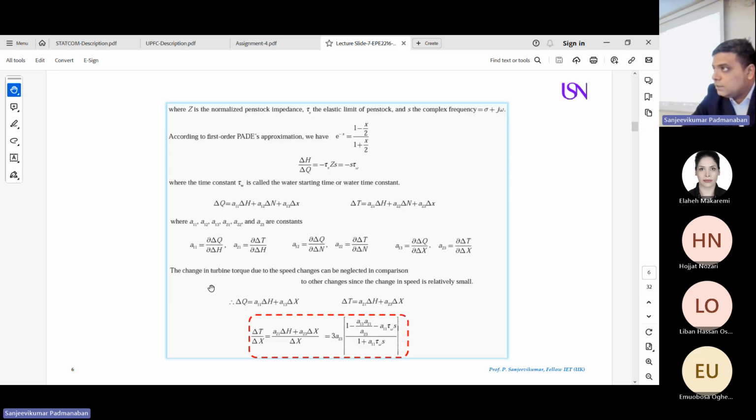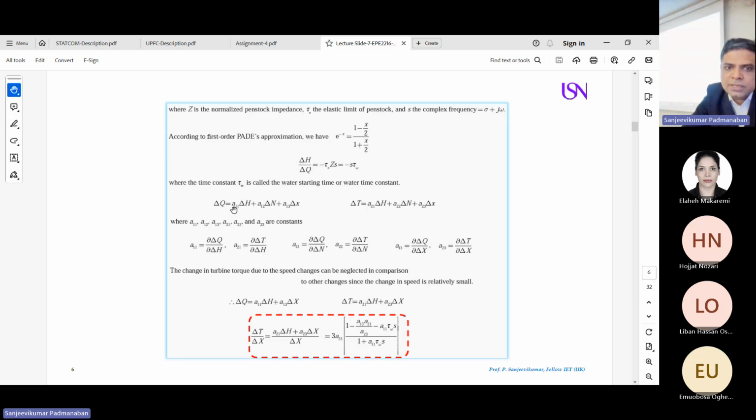In order to calculate these changes, we already have the equations, and we consider the speed changes to be relatively very small. We need to simplify everything to make the equation easier without complexity. So we consider this change in the speed to be relatively small. Then you're going to have only the constants.